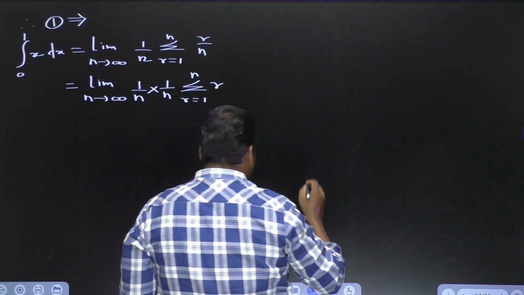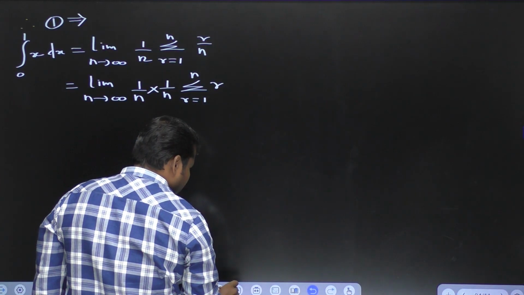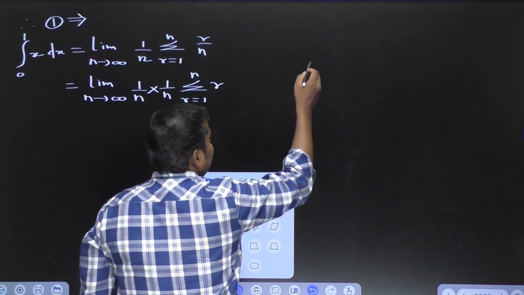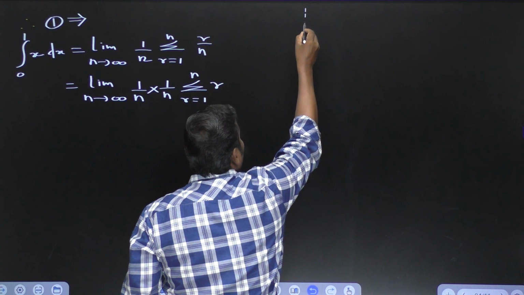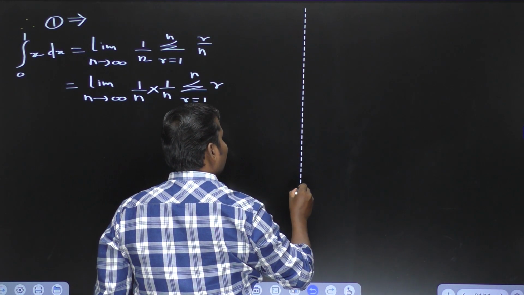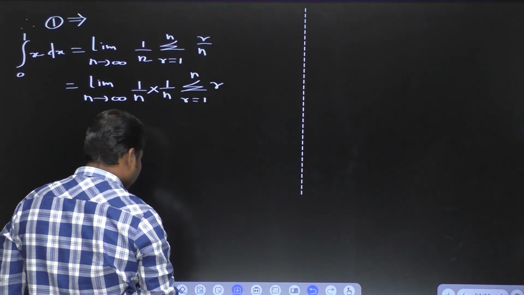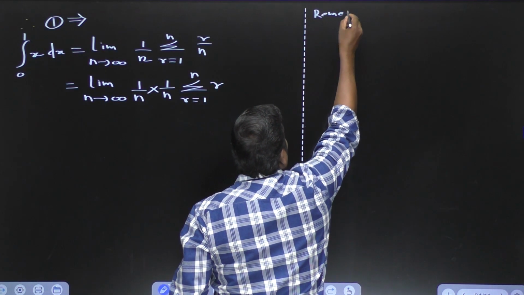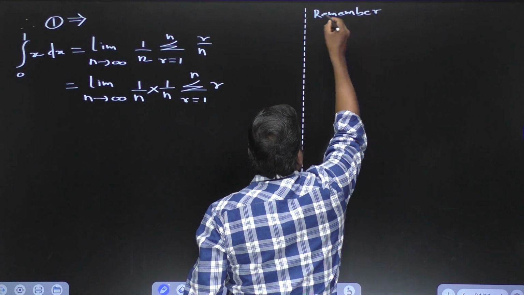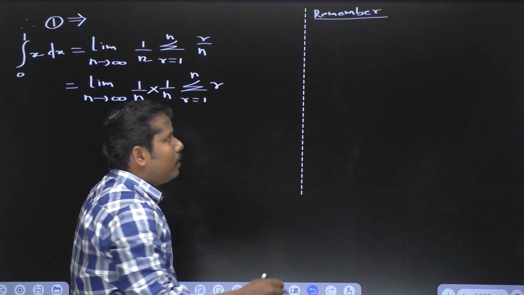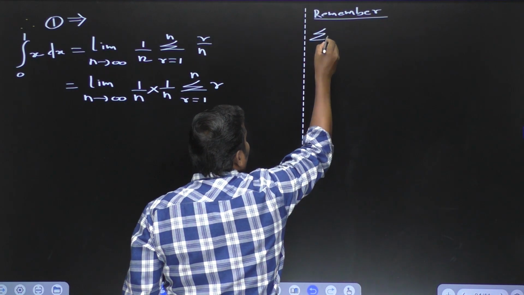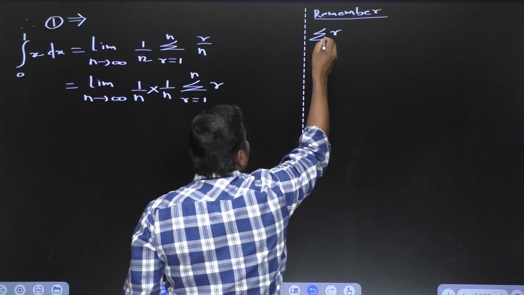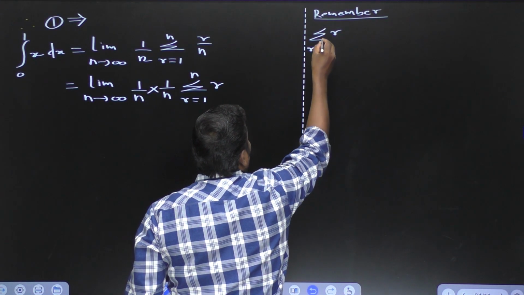Students, remember one thing here. In 10th standard, you could have studied these facts. Please remember these things. Please remember that summation of r, where r ranges from 1 to n.